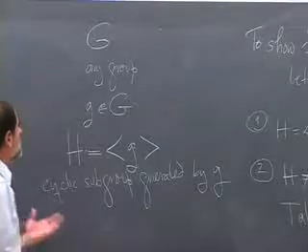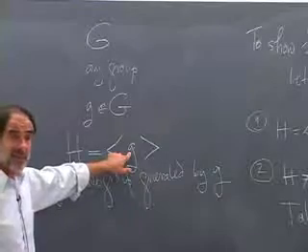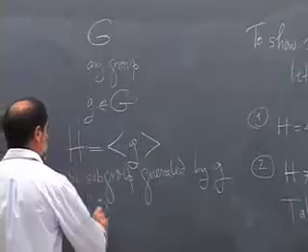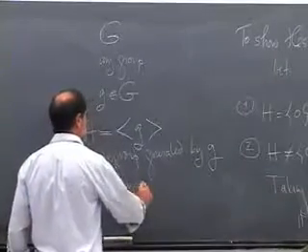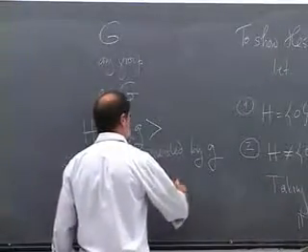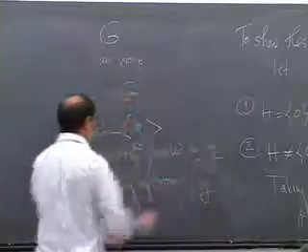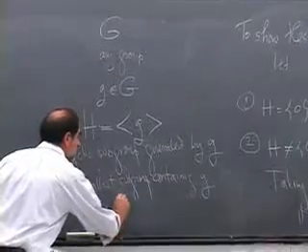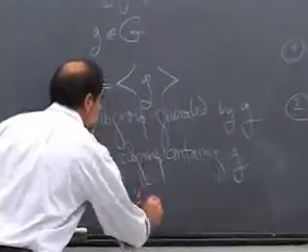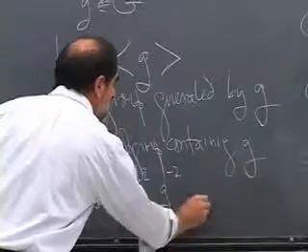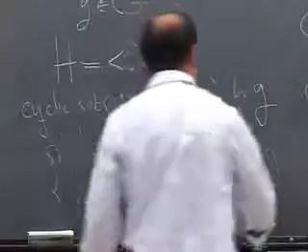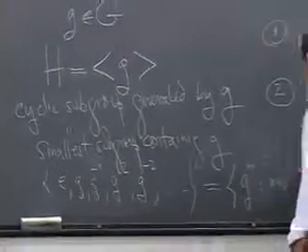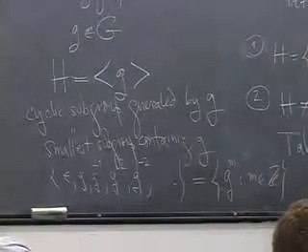It's the smallest subgroup that contains this element. So it consists of things like e, g. Since it has g in it, it has to have g inverse in it. Then it has to have g squared in it, then g to the minus 2. So it consists of all powers of g, where the 0th power is defined to be the identity.